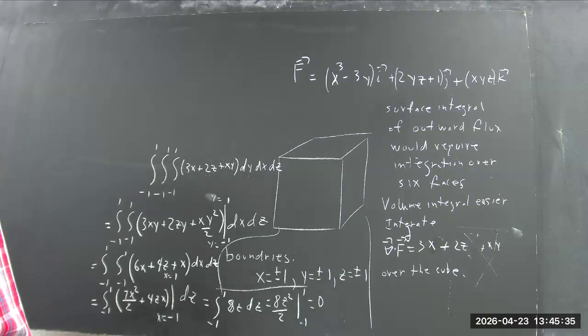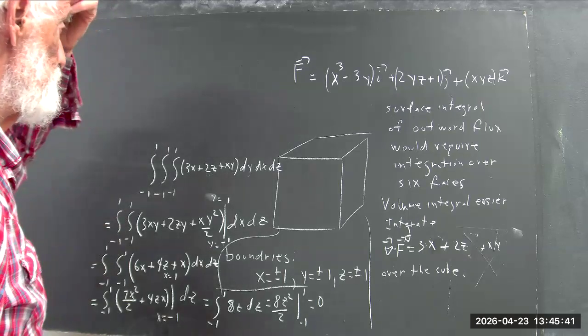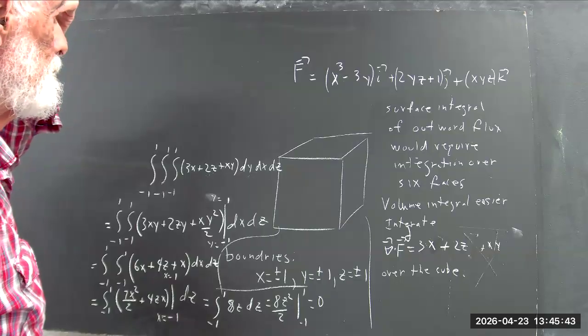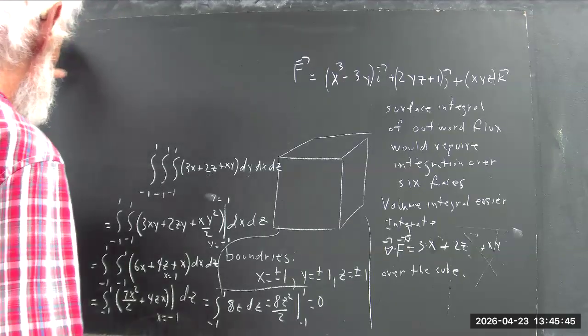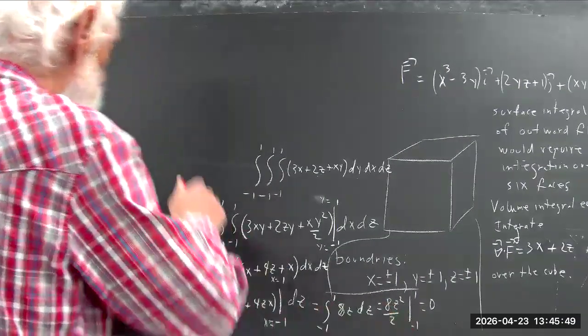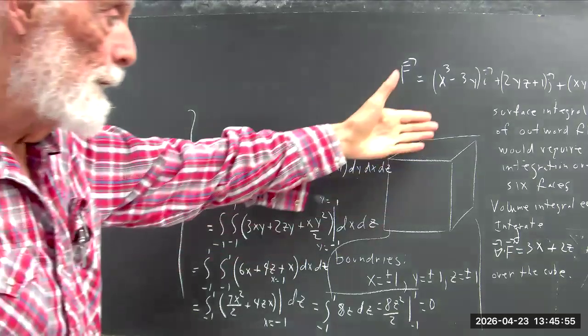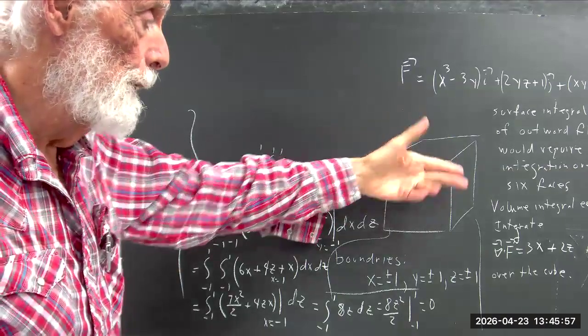Now, if you tried to do the integral of f dot n over one of the faces, let's just write out a little bit about what that would be. Let's just take the z equals 1 face, which would be this one.